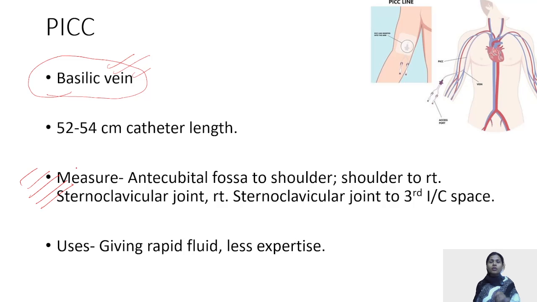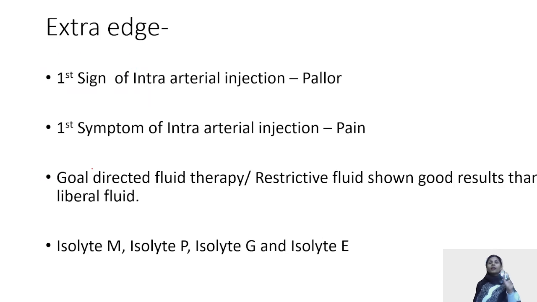Why is it used? It is used to give rapid fluid and it requires less expertise. It is done using the Seldinger's technique. And the length of the catheter that we get is 52 to 54 centimeter. One extra edge is that if by chance you have intra-arterial injection, the first sign that comes is pallor.